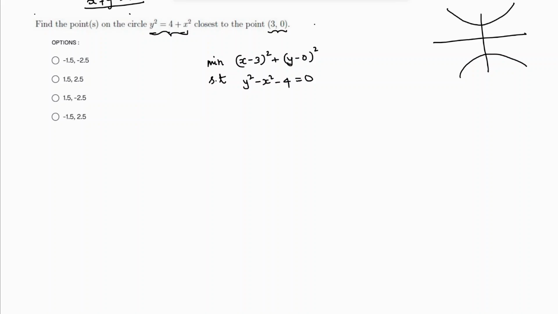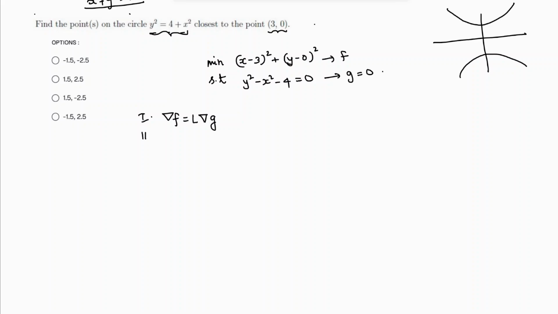So first, let me denote this function as f and this as g equal to 0, right? So f is a function of x and y, g is a function of x and y. We will solve this by the method of Lagrangian multipliers. What does the Lagrangian multiplier method say? It says first equate the gradient of f to be equal to some constant L times the gradient of g, right?